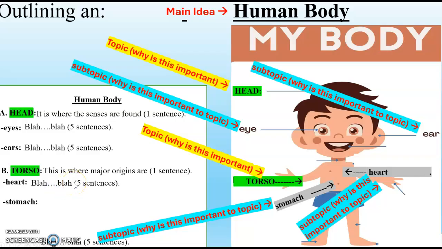And then the subtopics are the heart and the stomach. What's the heart's role in the torso and the stomach's role in the torso? All of the information ties into the main topic, the main idea. Essentially, we're going to use this model to dissect the chapters throughout the semester.